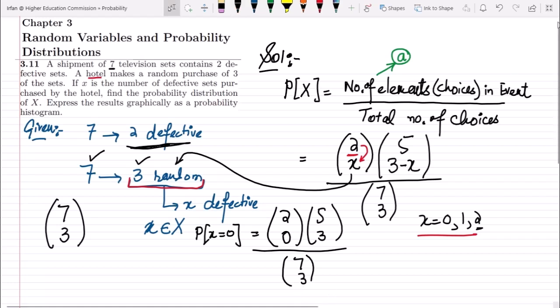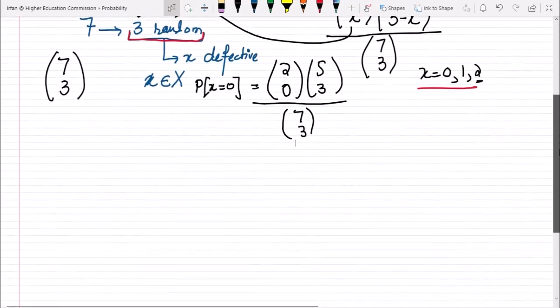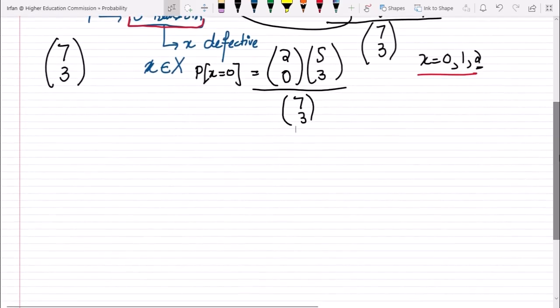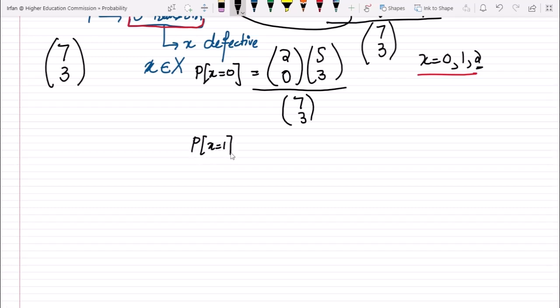Similarly, let me move down somehow. For the second case, when P(x equal to 1), it would be 2 choose 1, and 5 choose 3 minus 1, which is 2, divided by 7 choose 3.